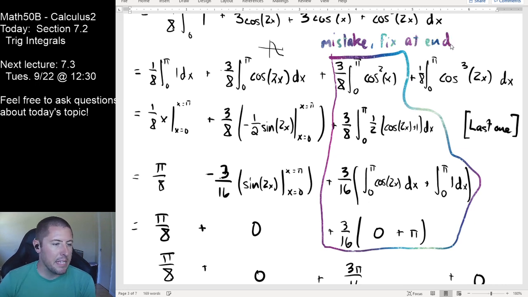All right. I made a mistake in that block right there, and I'm going to go fix it at the very end of this document. So if you guys are looking for this in the document later, you can grab that there.